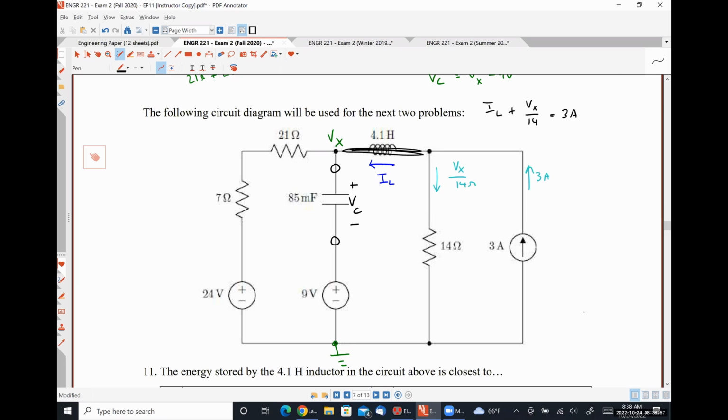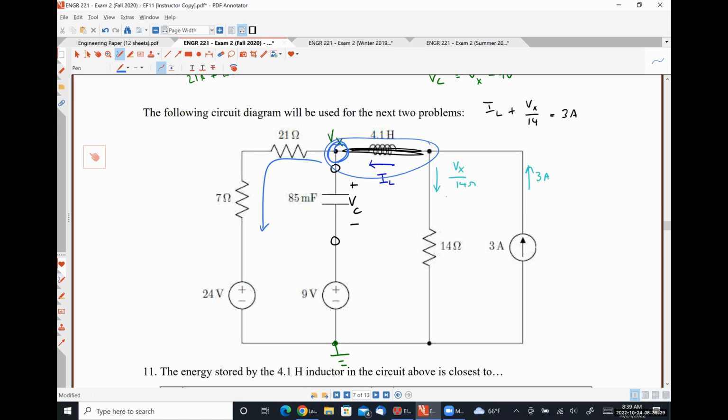You're saying, why doesn't this current show up in my equation? Because the current flowing into this node is equal to the current flowing out. So I'm treating this thing as effectively a node. I could say that IL is equal to Vx minus 24 over 28.